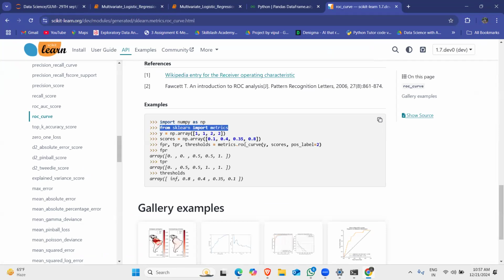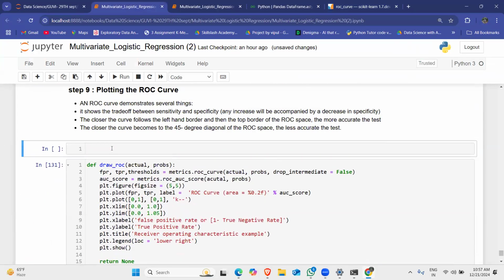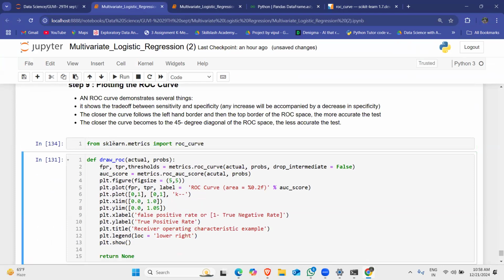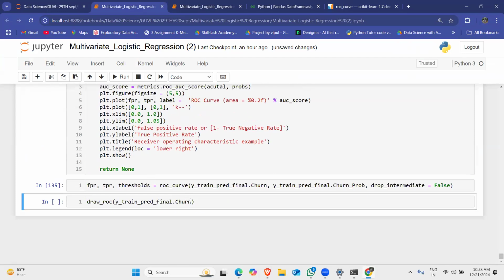And in that you can call this roc_curve. Let us see how you call this from sklearn.metrics. I'm going to import the roc_curve package. It is done. Now if I just call this, it will be calculated. And I am interested to find the receiver operating curve for this churn_probability.